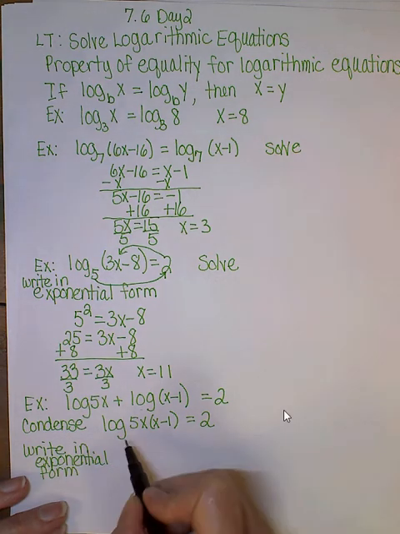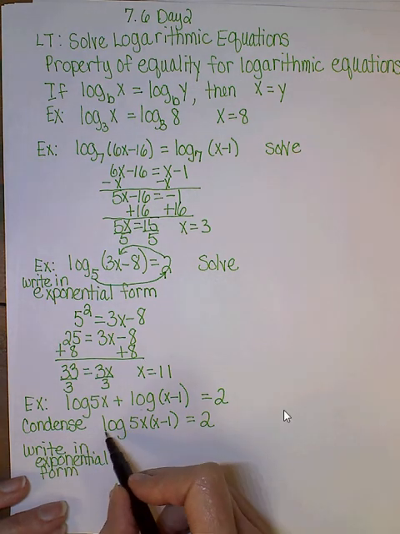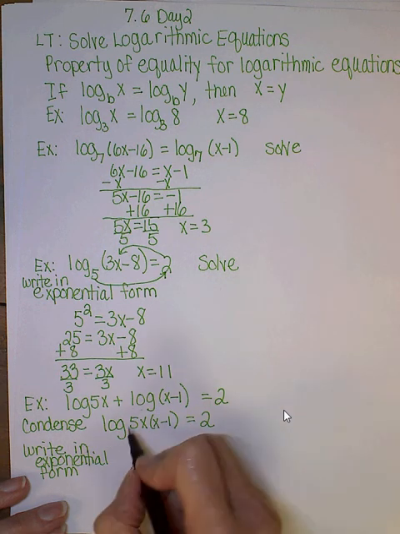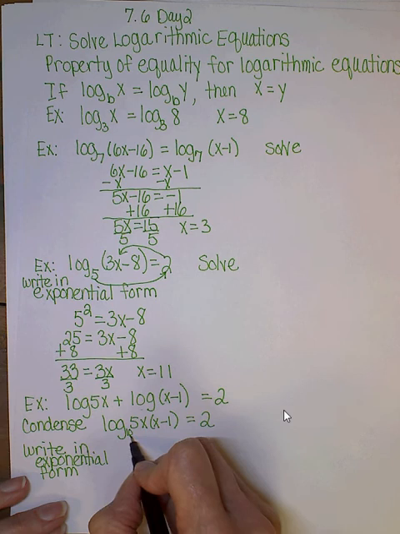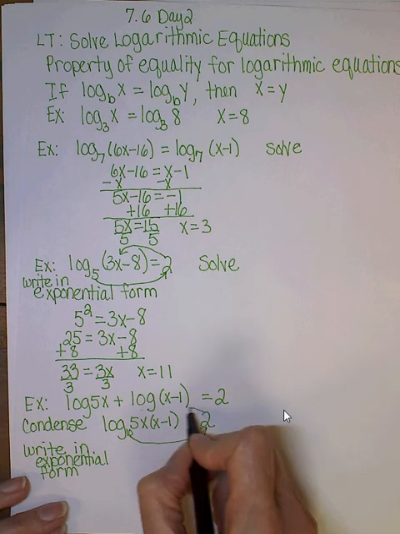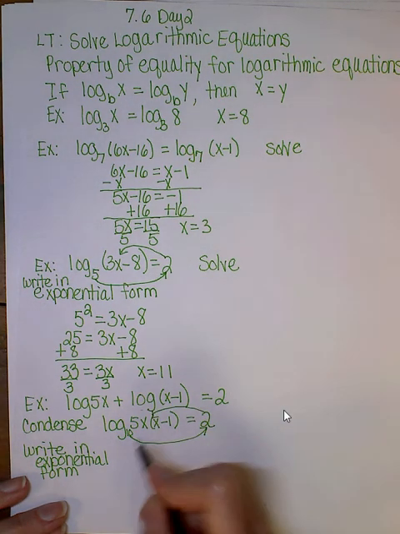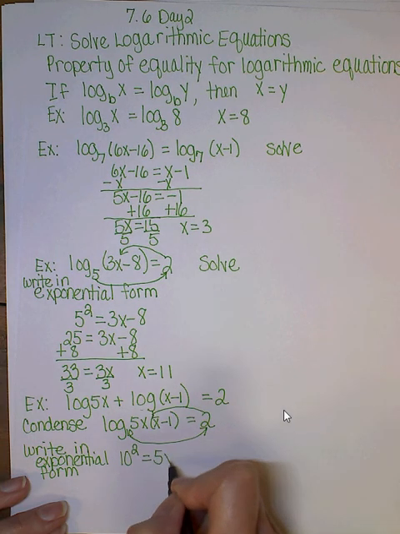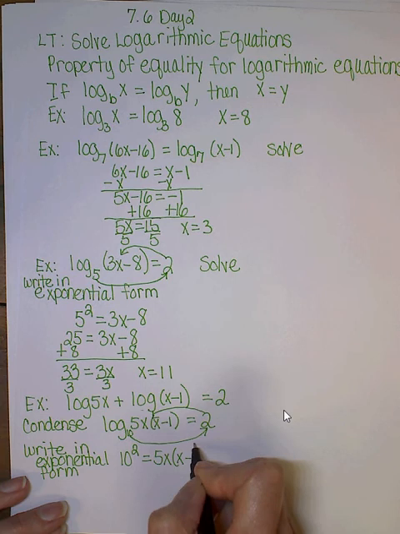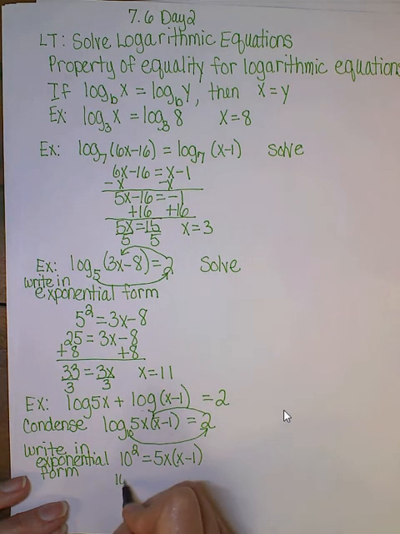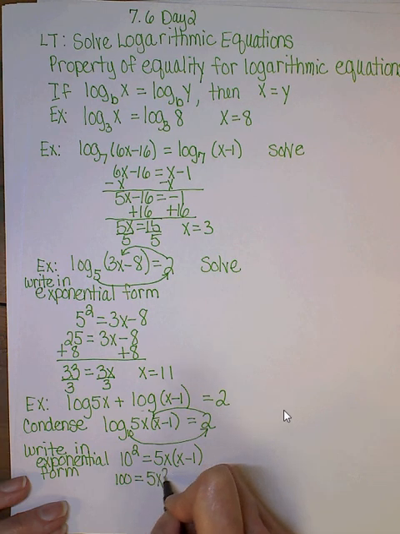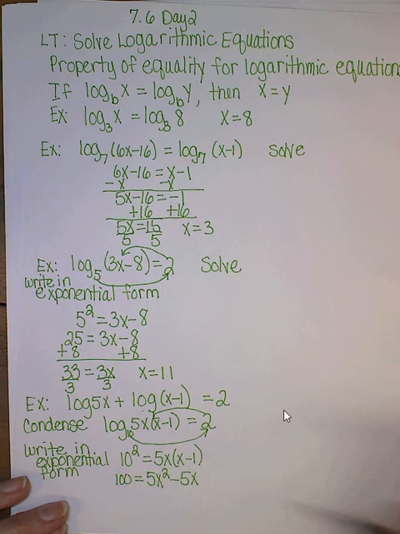Now this one doesn't show a base number, but this is the common log. If it doesn't have a base number, we know it's 10. So we would have our base of 10, our exponent of 2, and this is what it will equal. So we'll have 10 squared. Okay, so we'll have 100, and then let's do the distributive property. 5x squared minus 5x.